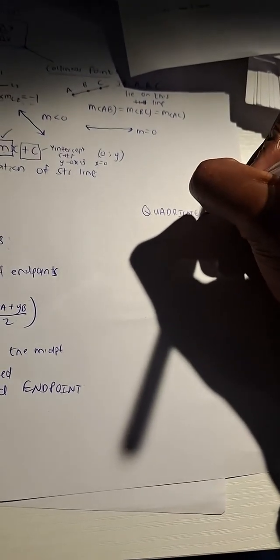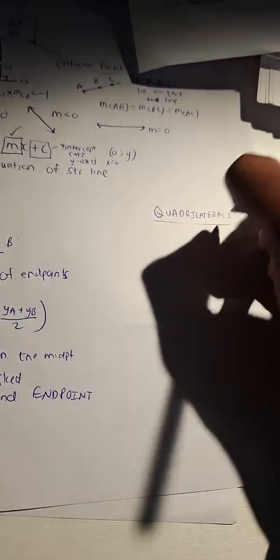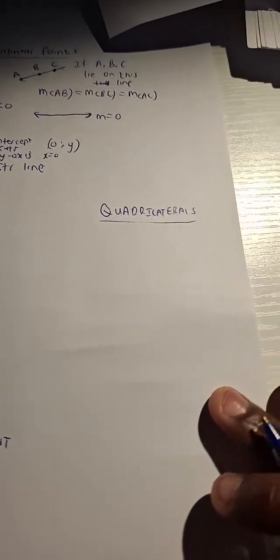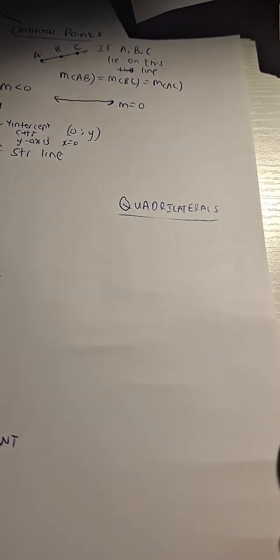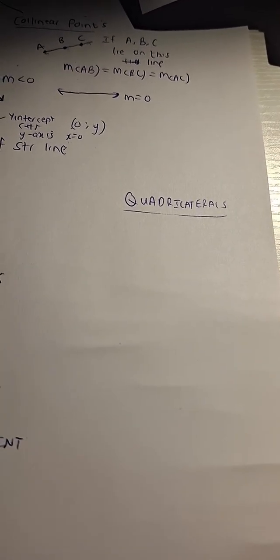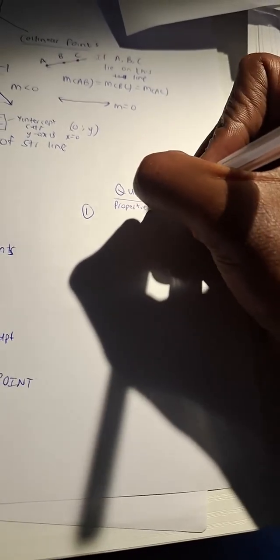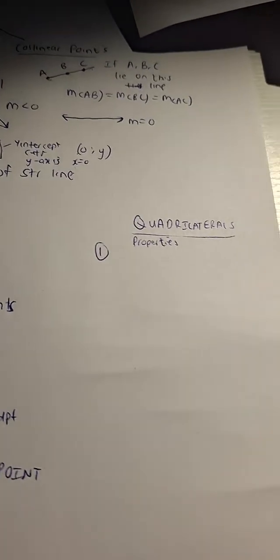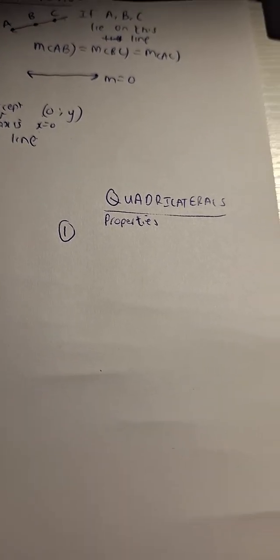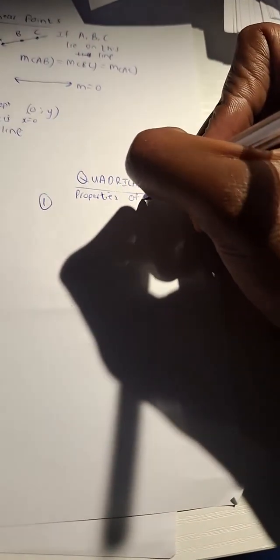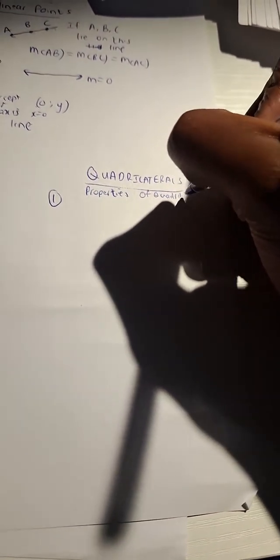Then the last thing I want to touch on is quadrilaterals. My beloved, amazing grade 10s. You need to understand the properties. Okay, in grade 9, they tried to hammer in the properties of the quadrilaterals with you. They tried.